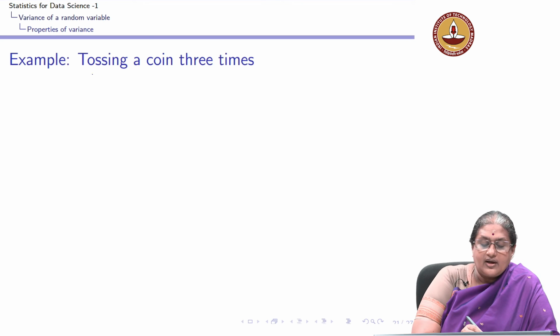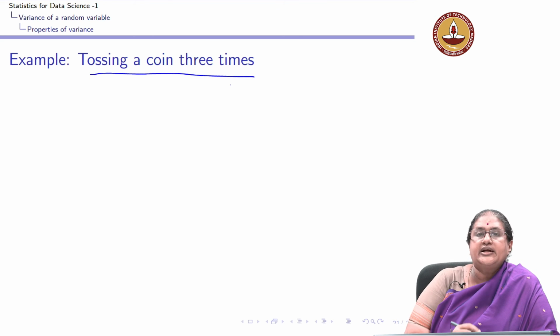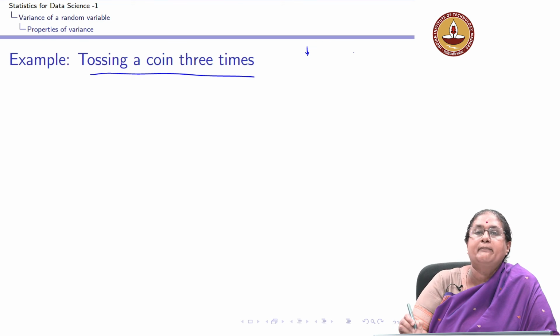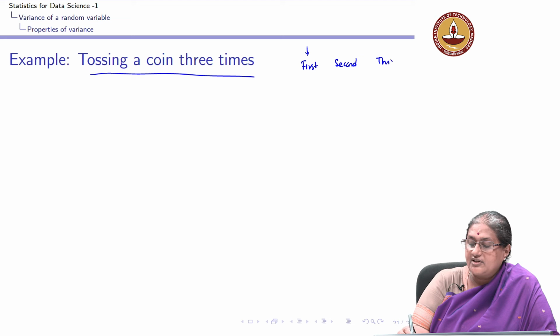Again, recall tossing a coin 3 times is the same as noting down the outcomes of a fair toss 3 times. That is, I am repeating an experiment 3 times. So, I have a first toss, a second toss, and a third toss. Let x1 be my outcome of the first toss, x2 the outcome of the second toss, and x3 the outcome of the third toss.